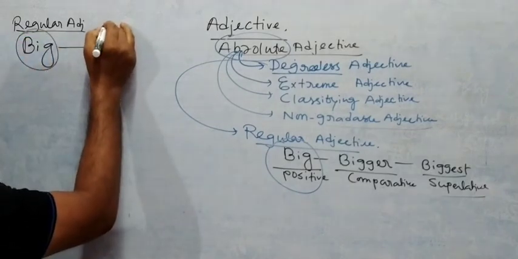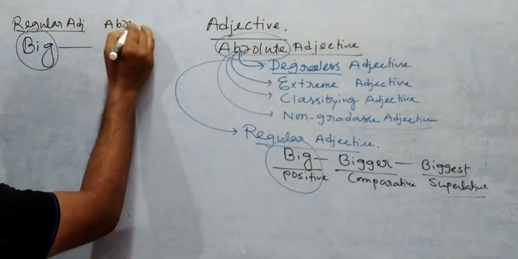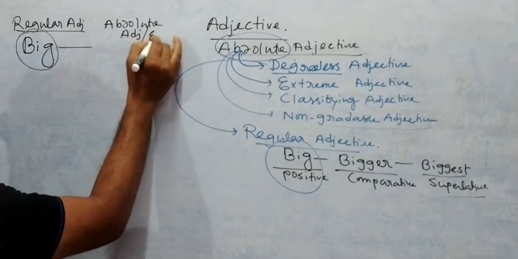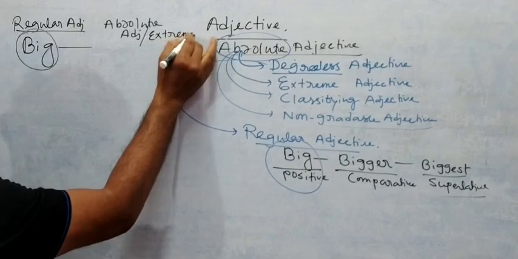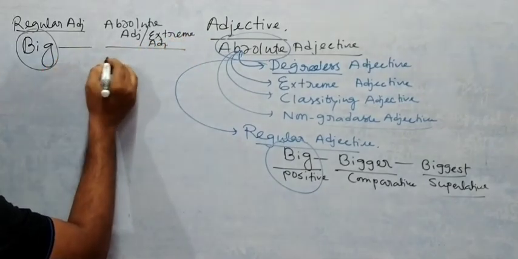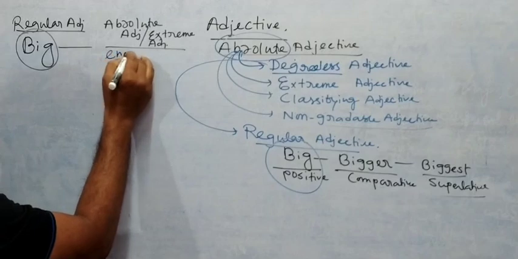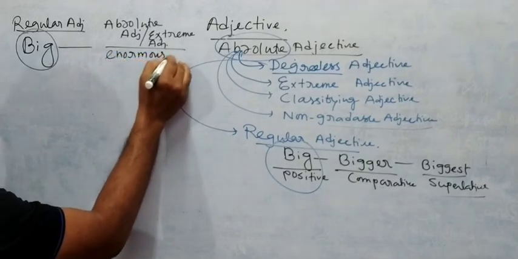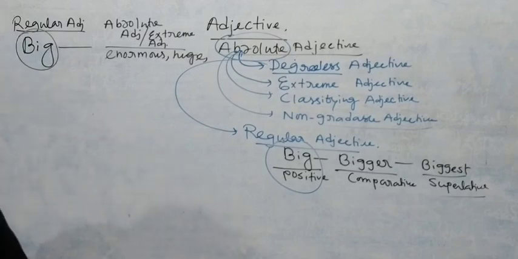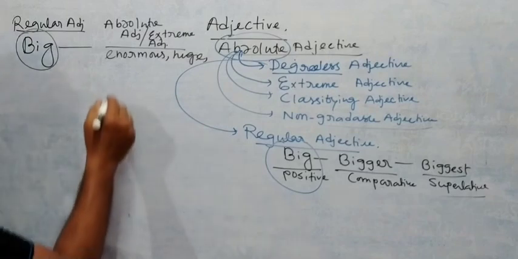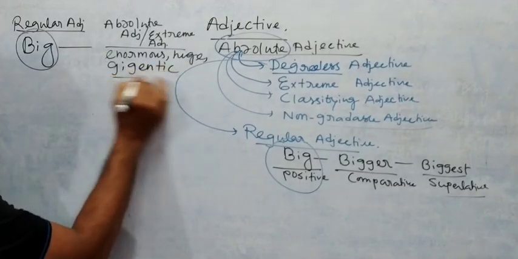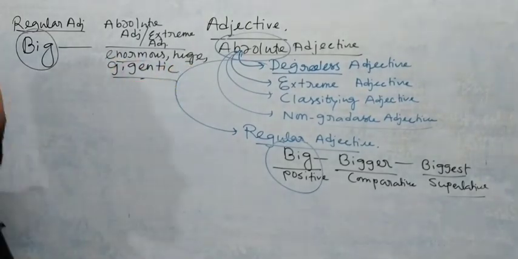The degreeless adjective of big, or I can say absolute adjective or extreme adjective, would be enormous, huge, gigantic. Have you got these words?